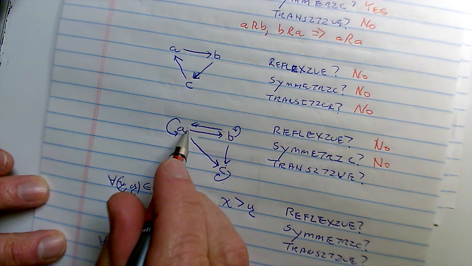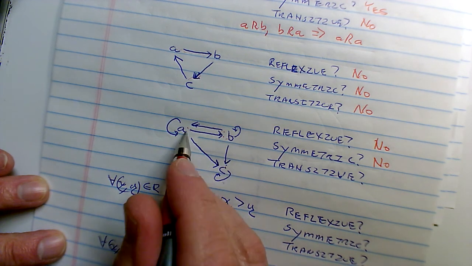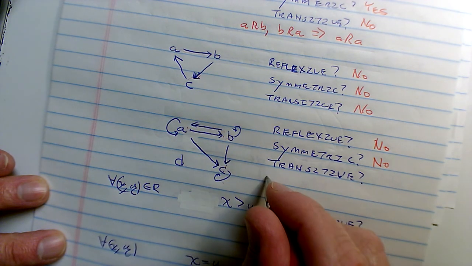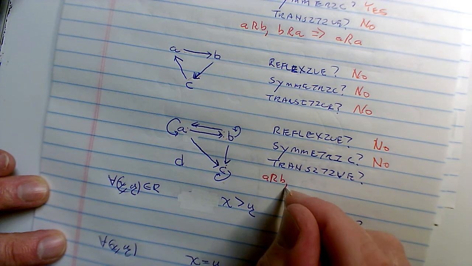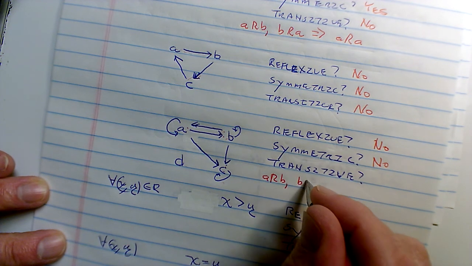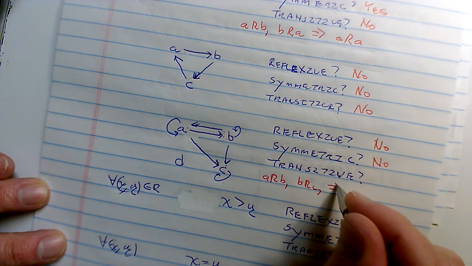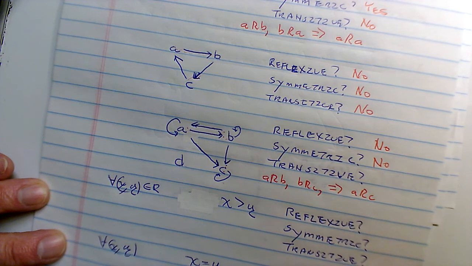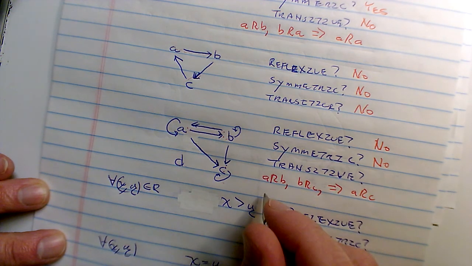Well, let's see. A goes to B, B goes to C, and A goes to C. Notice that one. A relates to B, B relates to C. That would imply A relates to C, and that does happen.